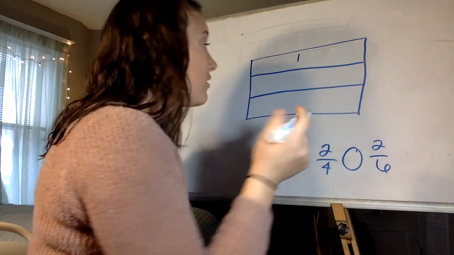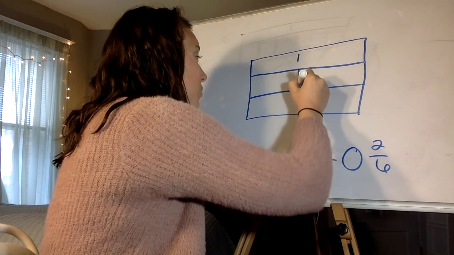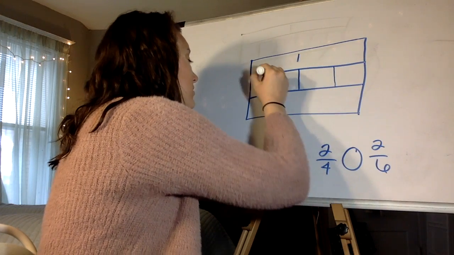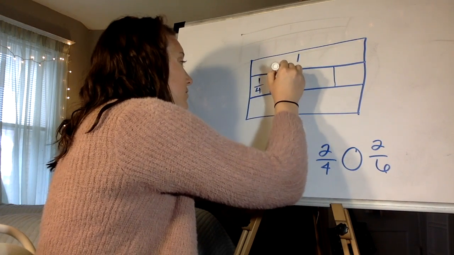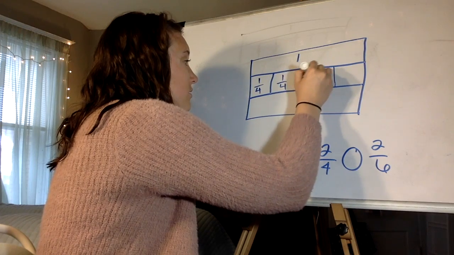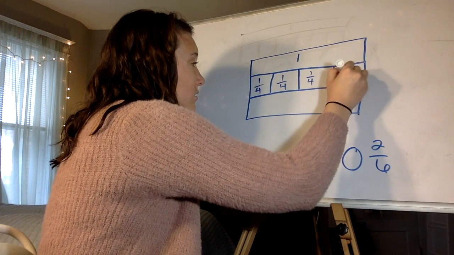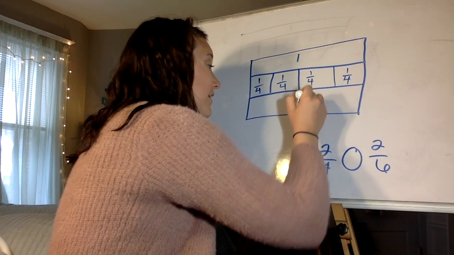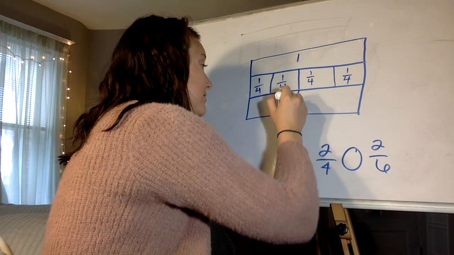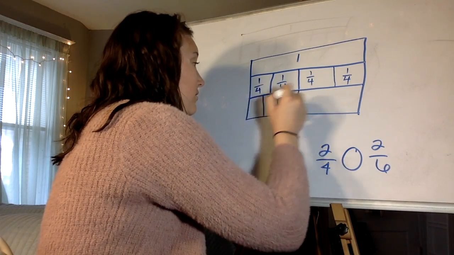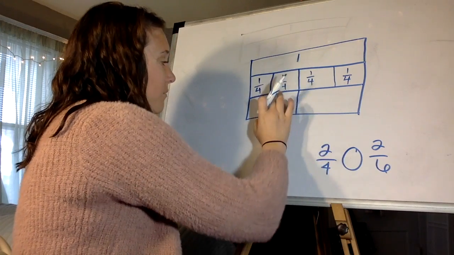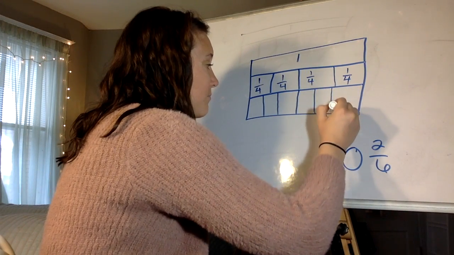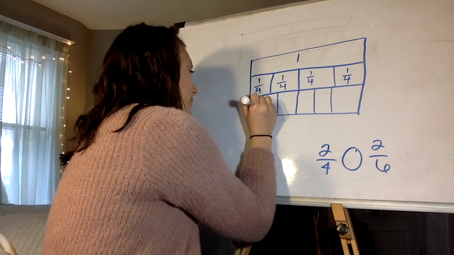Okay? So I need to split this into 4s, or fourths. Sorry, this is 4ths. Okay, and then I'm going to split or divide again into 6. And if you see, I tried to line up where my halves would be so that those would at least be similar.